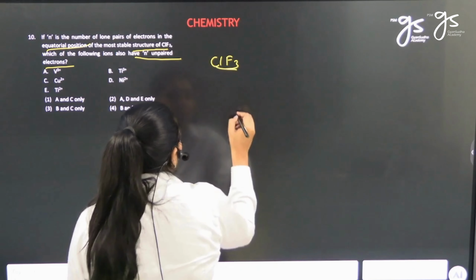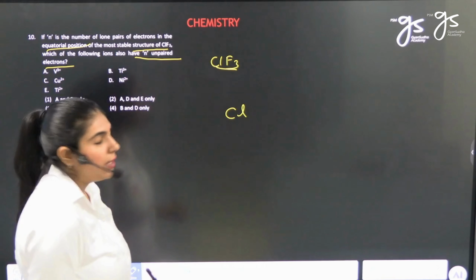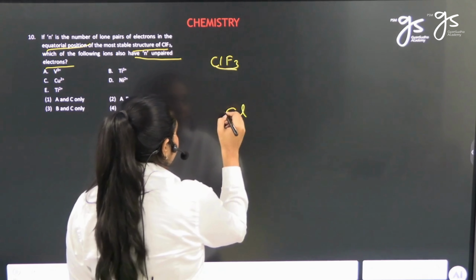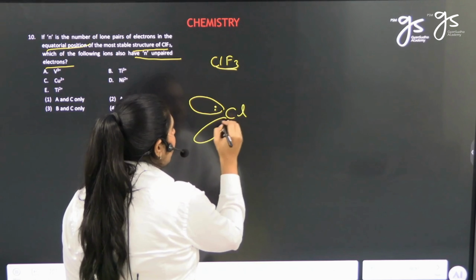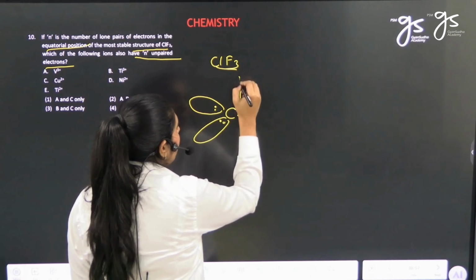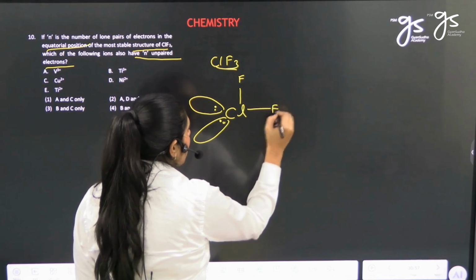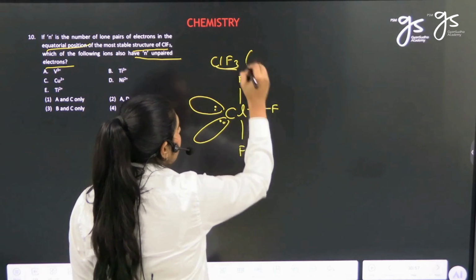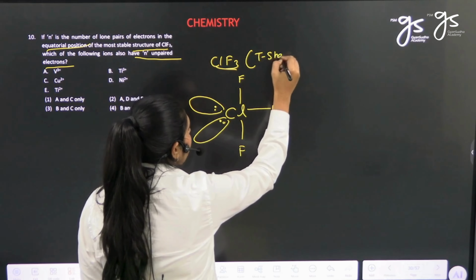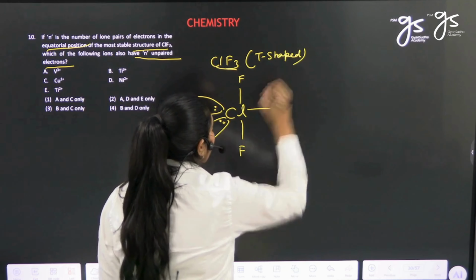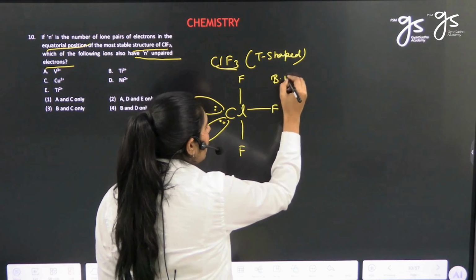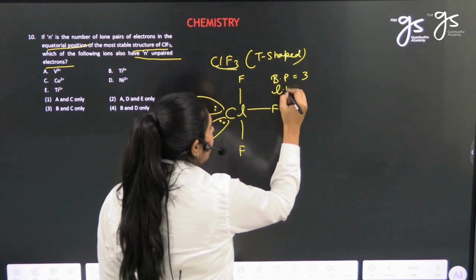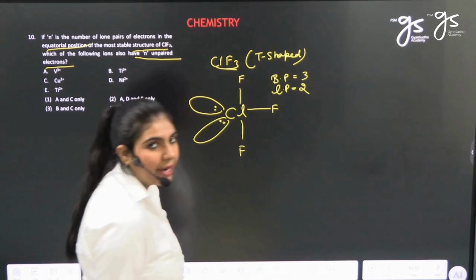ClF3, we know that chlorine is having 7 valence electrons. So the structure of ClF3 will be like this. And this structure is T-shaped. What we can see over here, the bond pairs are 3 in number and lone pairs are 2 in number, right?